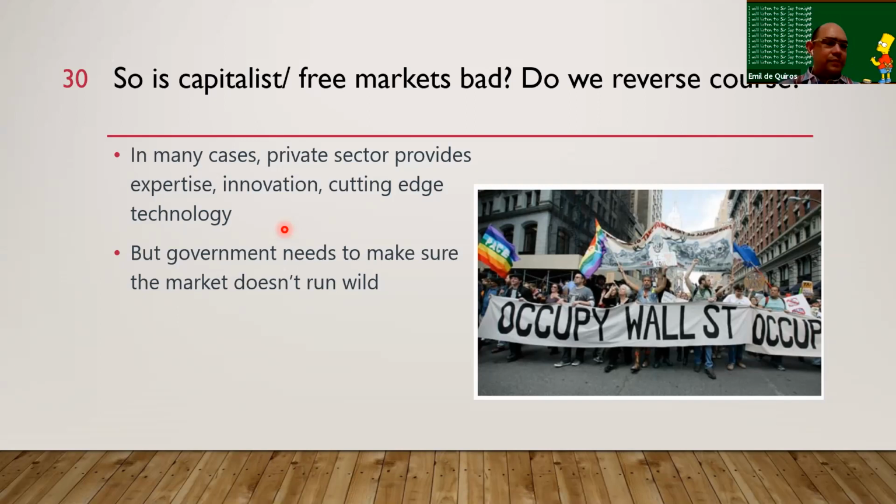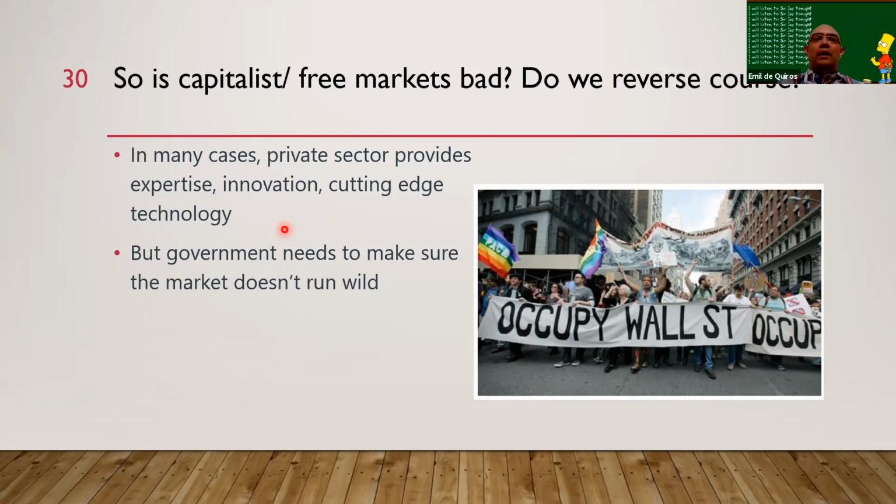In many cases, private sector provides expertise, innovation, cutting-edge technology. But government needs to make sure the market doesn't run wild. Either come up with preventive rules and regulations so that they don't get tempted to do bad things, or when they do bad things, have remedies, have penalties.